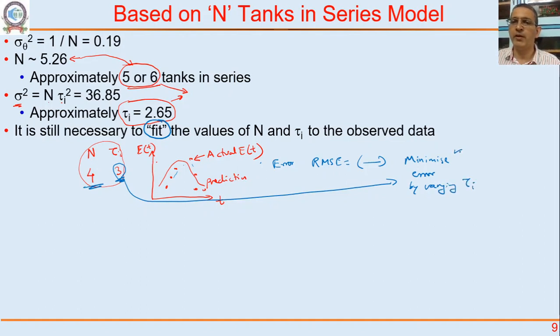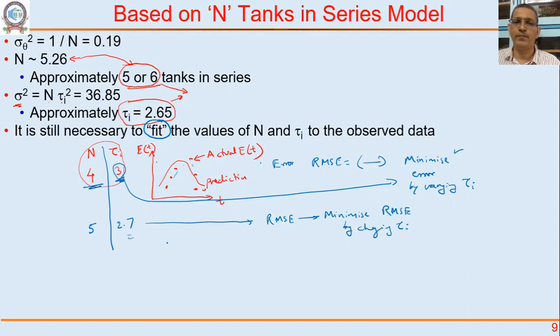Then you will get some value of error. Then take n equal to 5, take tau I equal to some value, say 2.7. Calculate the error, calculate RMSE, and minimize RMSE by changing tau I. You will get a minimized error.